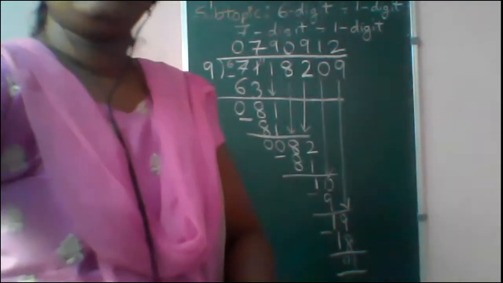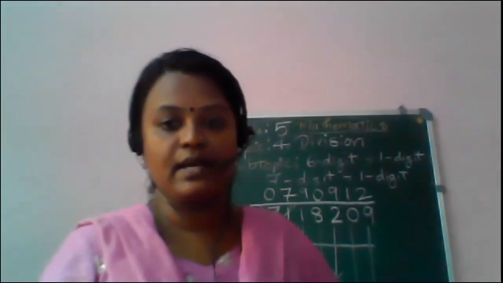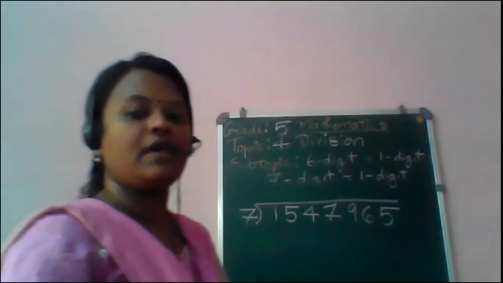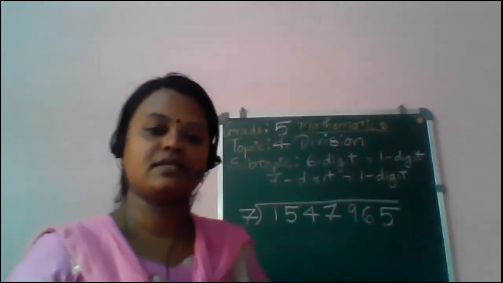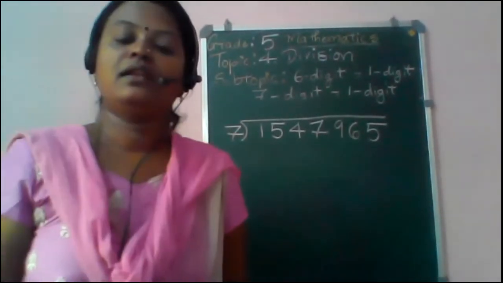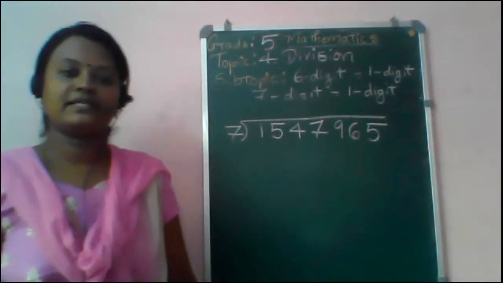Now, let us see an example based on story sums on how to divide 6 and 7-digit numbers, framing the statements accordingly. We have another division, that is 15,47,965 by 7.